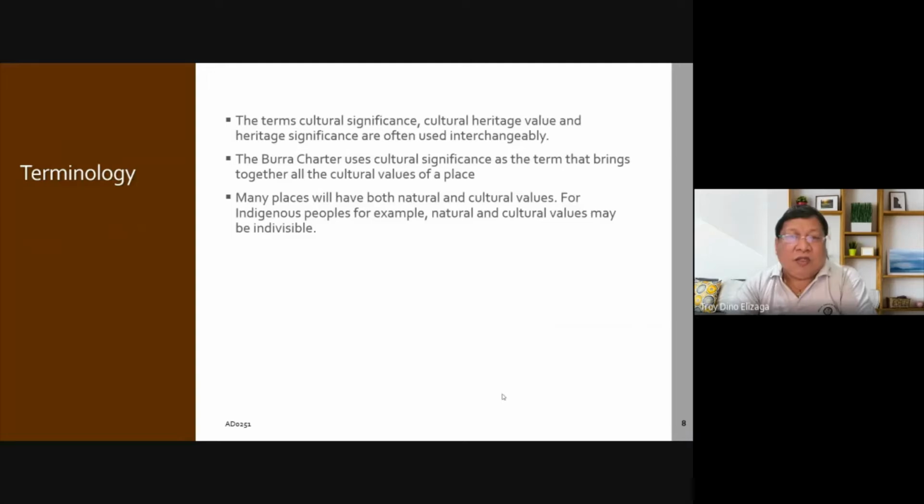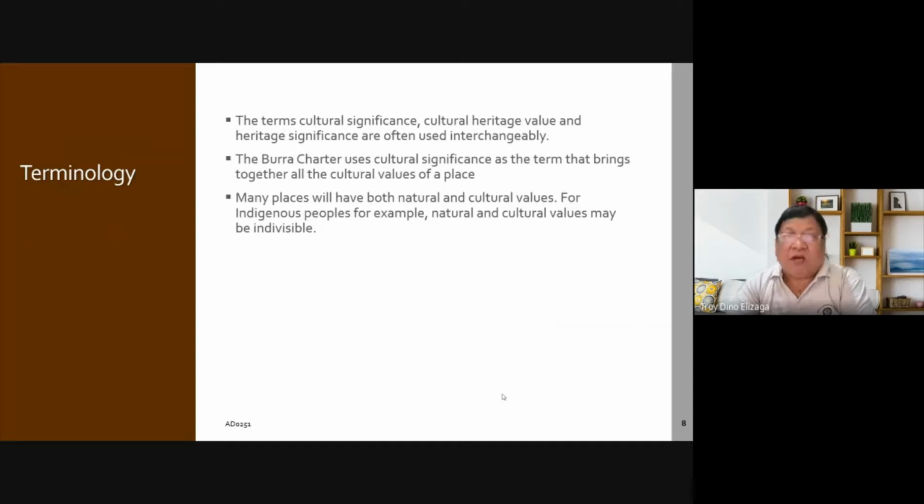So with regards to terminologies, the terms cultural significance, cultural heritage value, and heritage significance are often used interchangeably. Okay, so please don't get confused. The Burra Charter uses cultural significance as the term that brings together all the cultural values of the place.